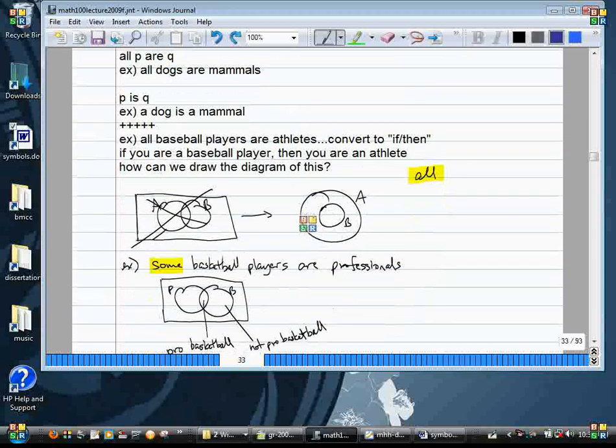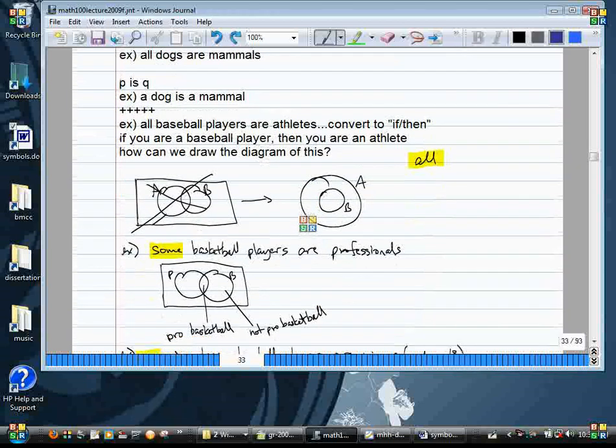Because by this statement, you have the basketball players, which is set B, and then you also have the circle for the set of professionals. Some basketball players are professionals. That's where it overlaps with P. And then some are not professionals, and that's the part that's outside of P. So in this case, you have both. Does that make sense?